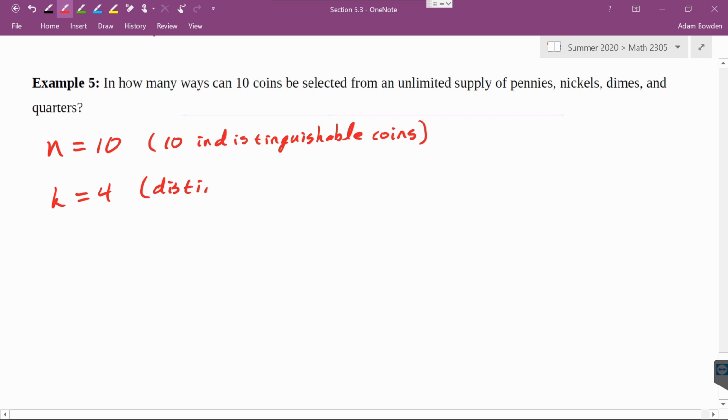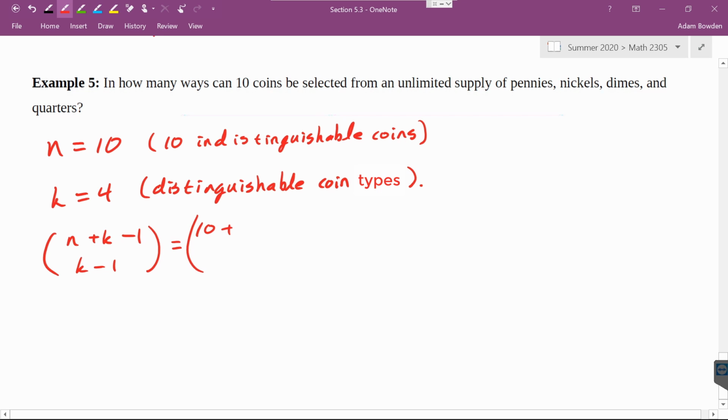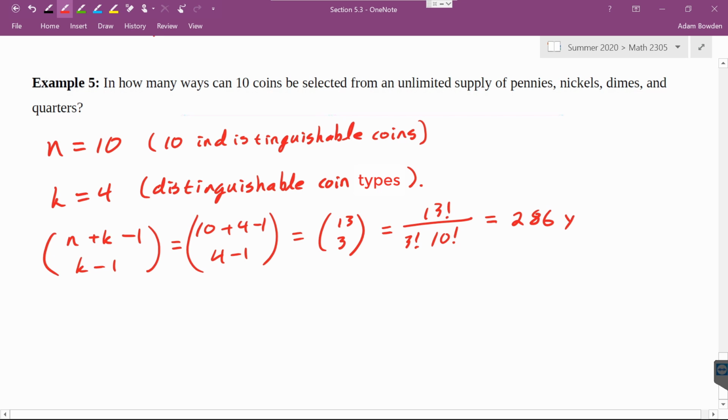So distinguishable coin types. So I'll do the same calculation here, n plus k minus 1, choose k minus 1. So 10 plus 4 minus 1, choose 4 minus 1. 13, choose 3. So 13 factorial divided by 3 factorial, 10 factorial. And so that would equal 286 ways.